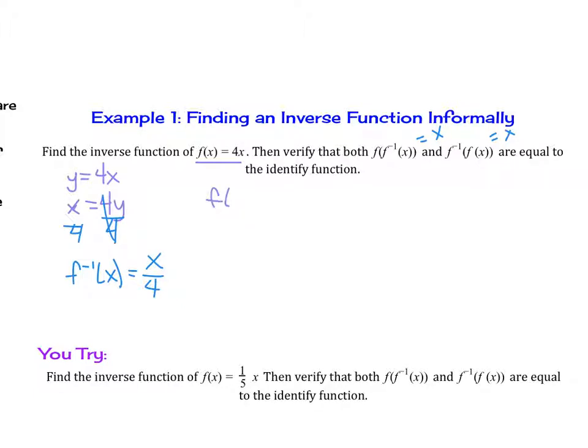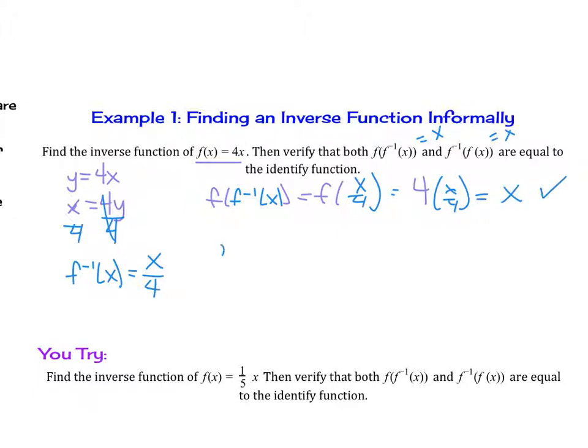f of f inverse of x equals f of x over 4, since f inverse is x over 4. Then we plug that into f. So f is 4 times x over 4. This does indeed equal x.